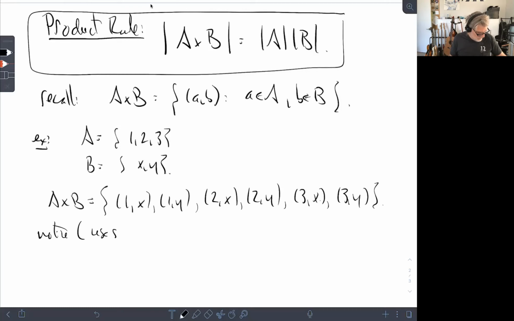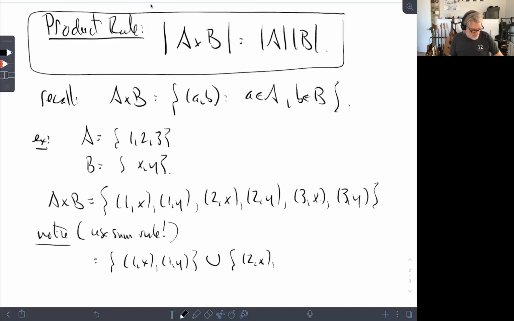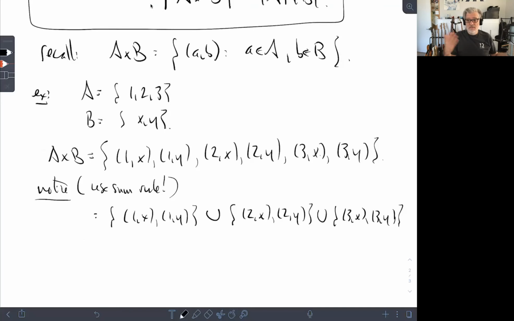Okay, so I've listed them all. Notice that you can use the sum rule. I'm not doing a formal argument for the product rule in general, but it comes from the sum rule, because this is the set of all pairs that start with 1, union the set of pairs that start with 2, union the set of pairs that start with 3. Hopefully it is clear that each one of these sets has the same number of elements as B. And there are how many of these?